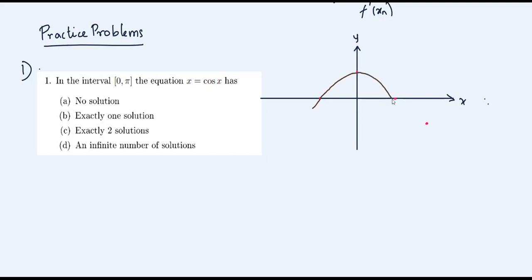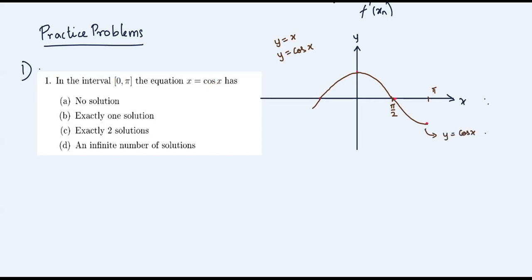This is a rough sketch of the cos x graph. So this is pi by 2, this is pi. Now the question is, it is not just cos x, it is x equal to cos x. So we have to draw two graphs, y equal to x and y equal to cos x. This is y equal to cos x.